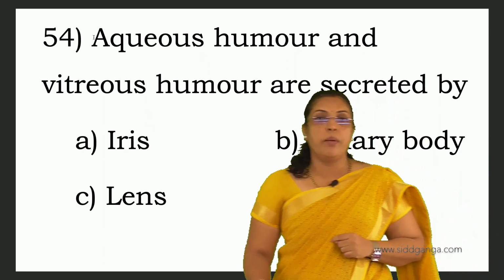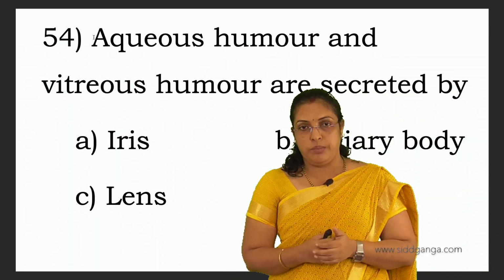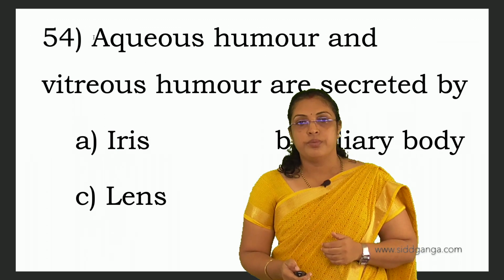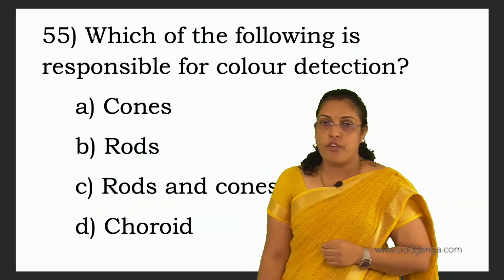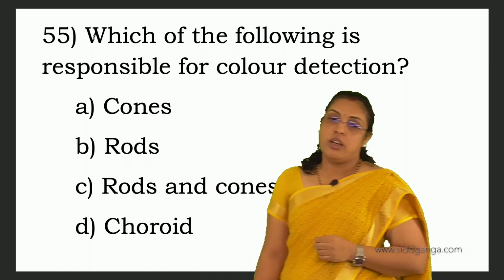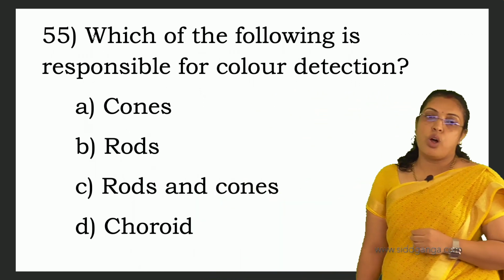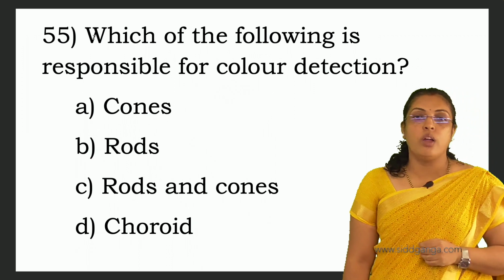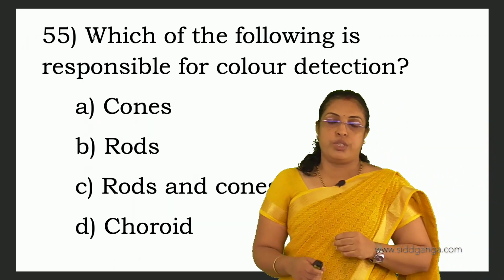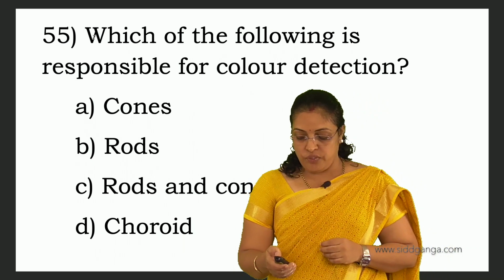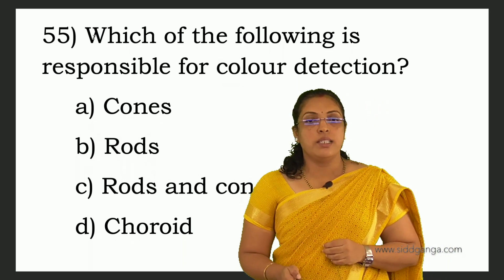They are secreted by the ciliary body. Which of the following is responsible for color detection? They are given cones, rods and cones, choroid. So color detection is mainly due to cones. So for 55th, A is the answer.